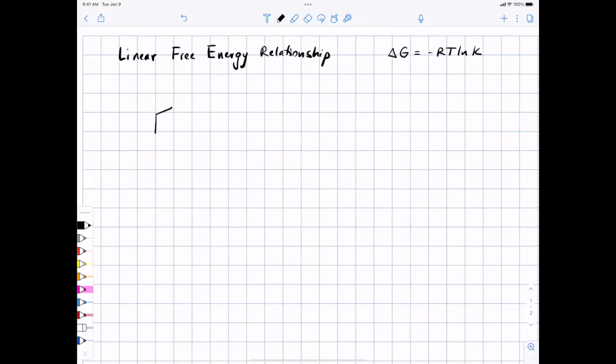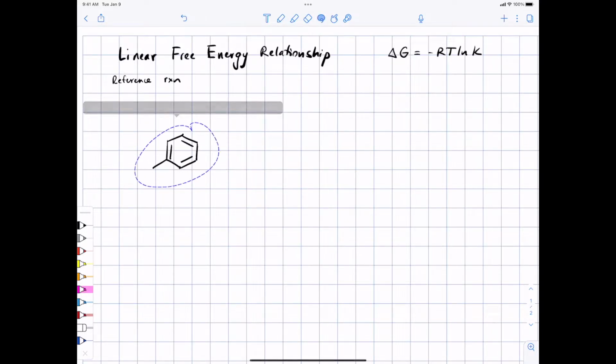The idea behind linear free energy relationships is to explore the impact of a substituent on a reaction and determine what the character of the transition state of the reaction is. So to begin with, we have to establish a reference reaction and also establish some parameters related to that reference reaction.